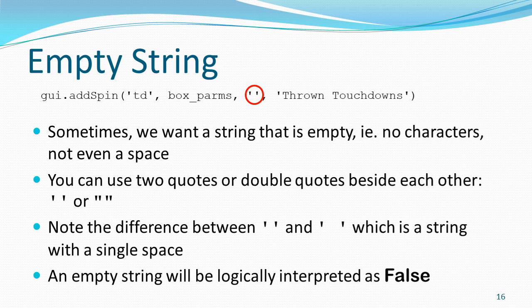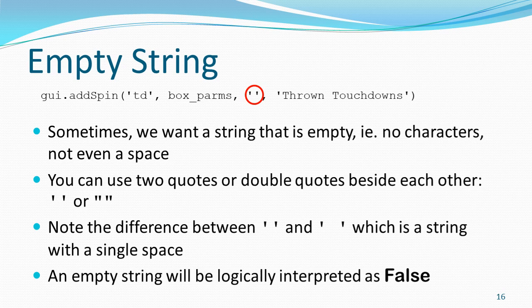Now, we have something strange in that method. We have add spin, TD for our tag, box parms, and then we have to have that in-between string. But in this case, we don't really want anything there because there's only one box. So we're going to use an empty string, which is basically a quote right next to a quote.